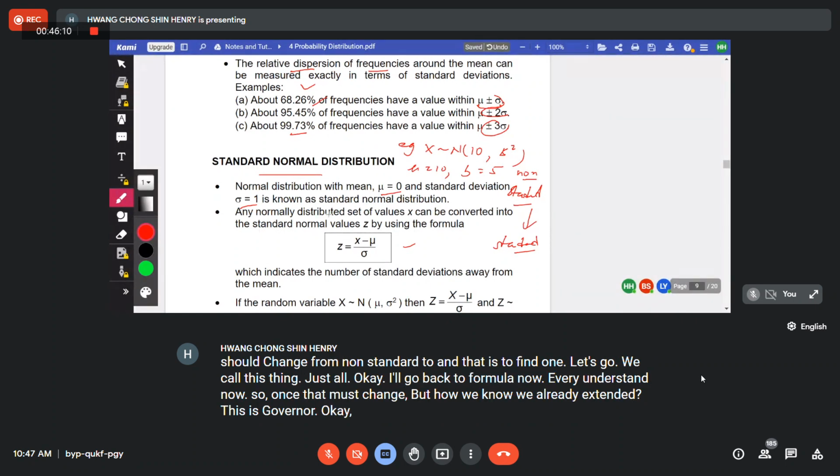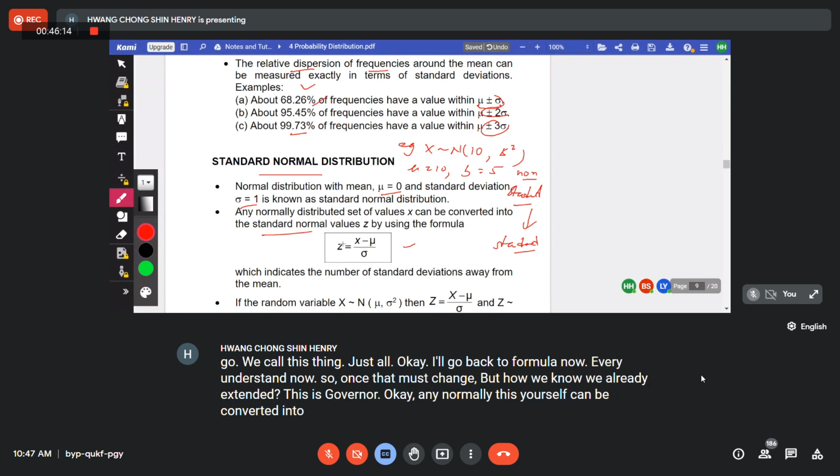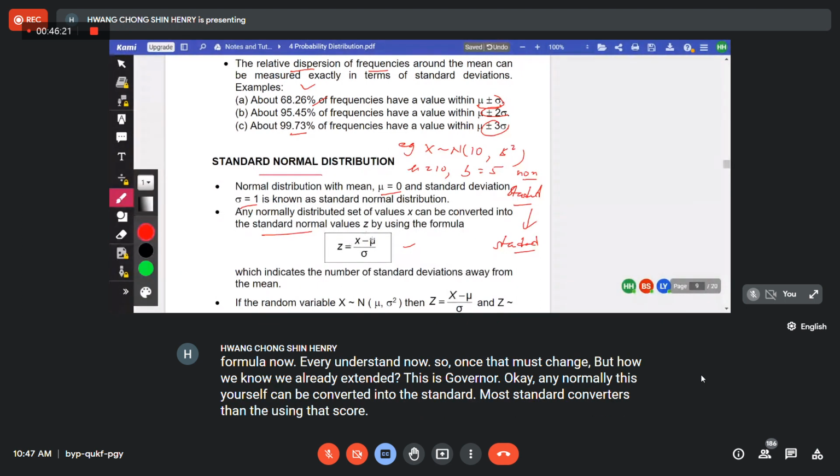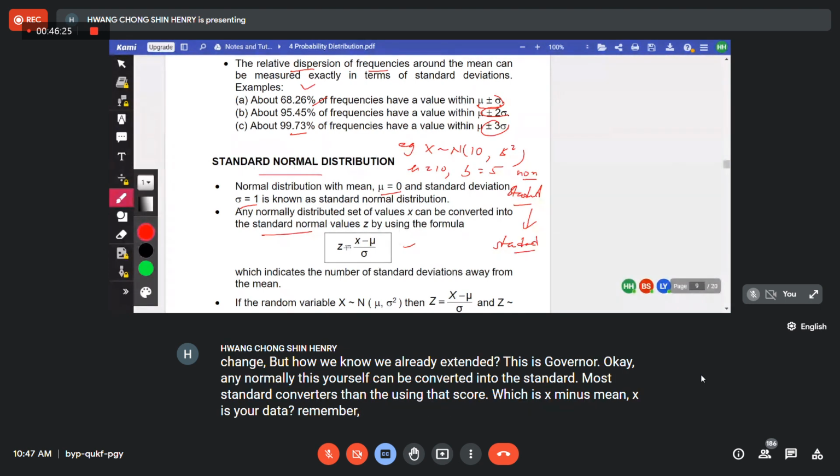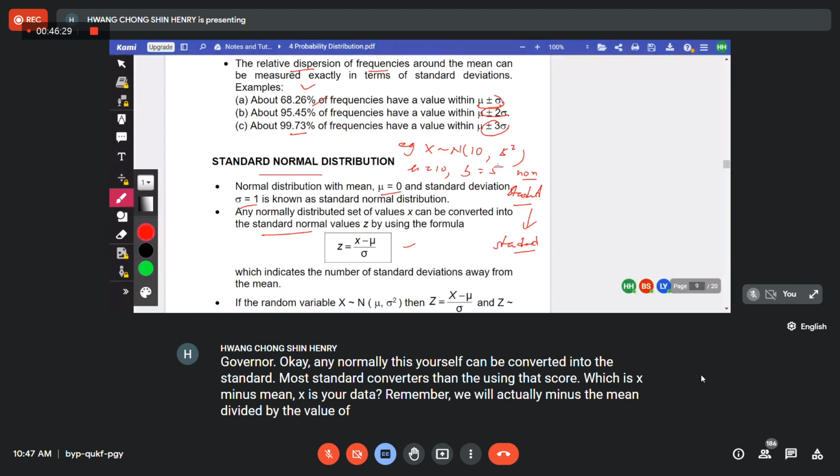Any normally distributed set of values can be converted into the standard. Non-standard is converted to standard using the z-score, which is x minus the mean, where x is your data, divided by the standard deviation.